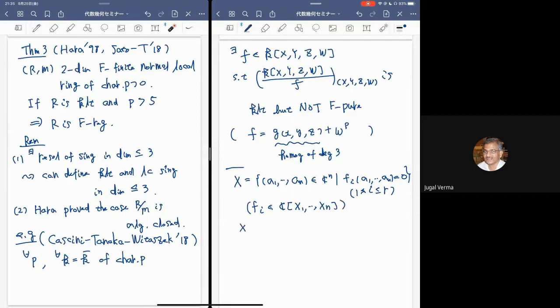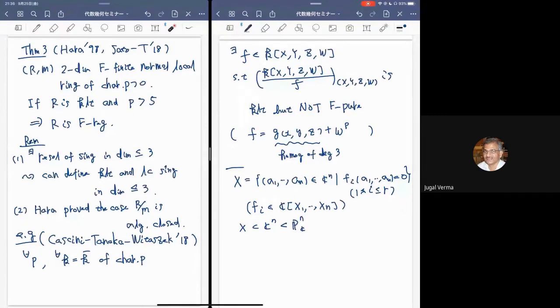Of course, X is a subset of C^n, and we can view this as a subset of projective space P^n.